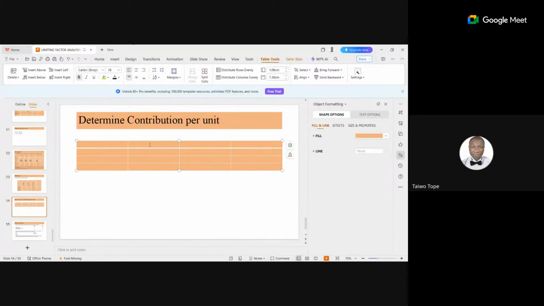So let's see this. Determine contribution per unit. So we have 4 products: Product A, B, C, and D. To determine this, in the question, we are given profit and fixed cost, no selling price.